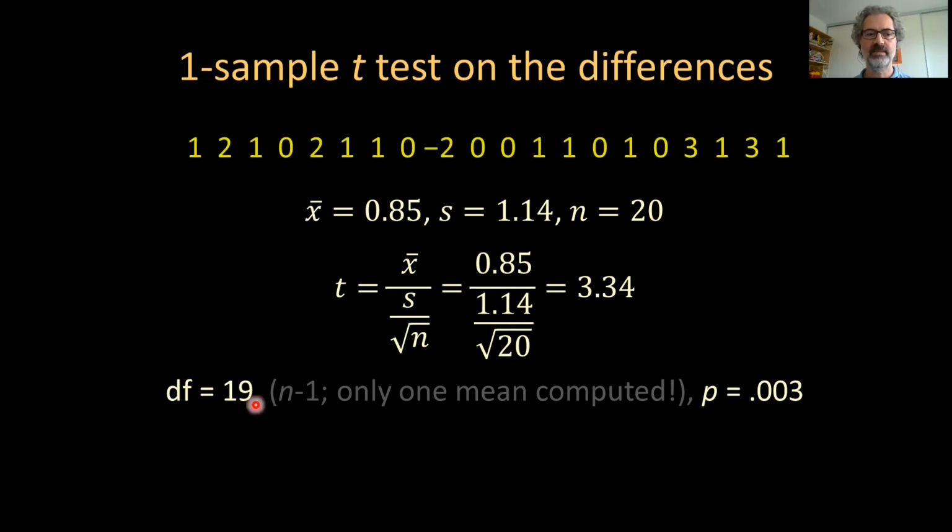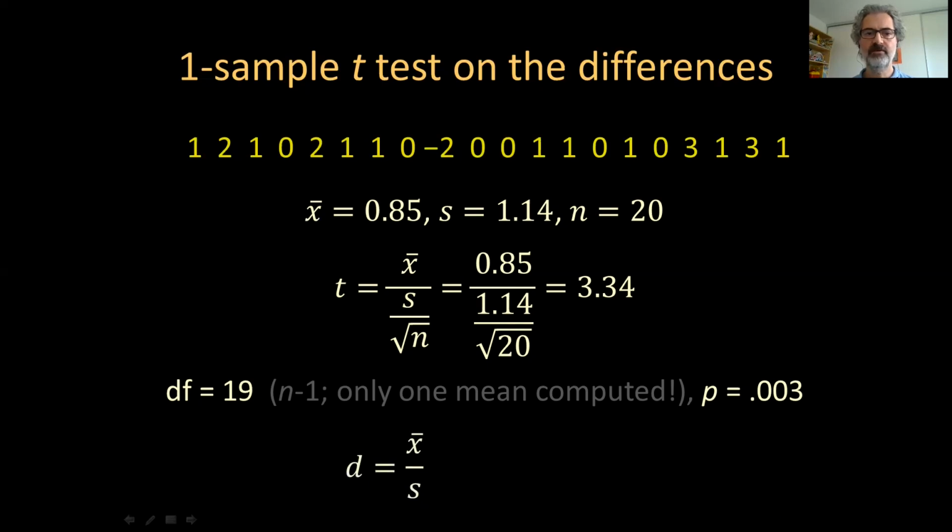Our sample size here is 20. And the p-value for this t-value and this number of degrees of freedom is 0.003. This means that we can reject the null hypothesis that the differences are equal to 0, and we can conclude that the after and before scores are not equal.